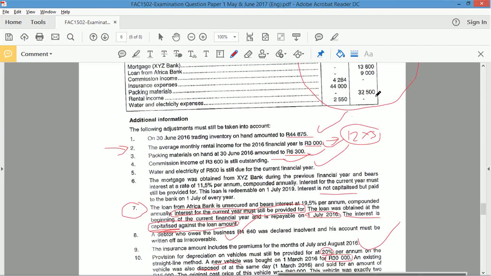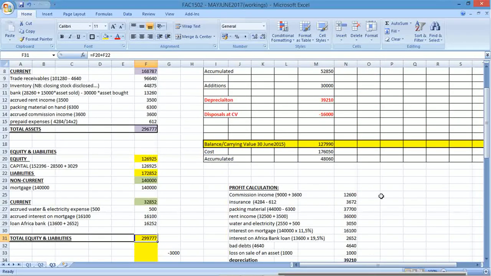The rental in the question was 3,250. 32,500. Okay. It's 3,000 times 12 is 36,000, minus the 32,500. Yeah, 3,500.